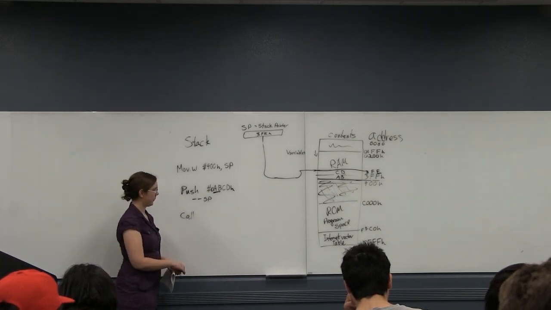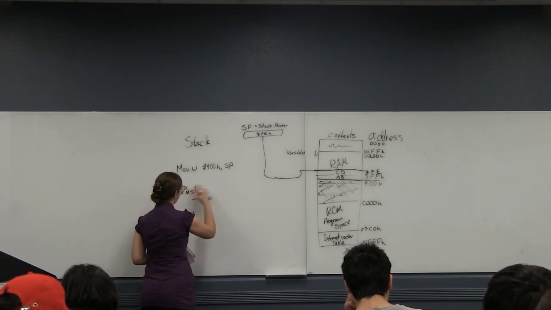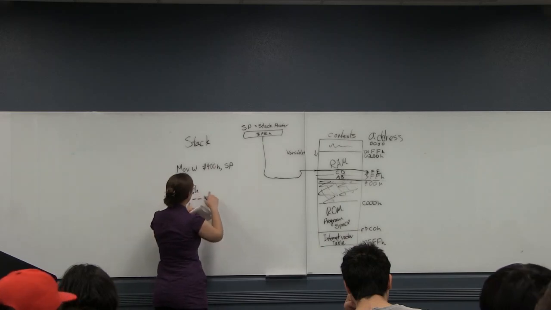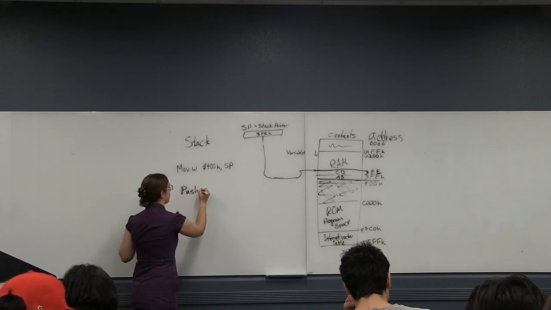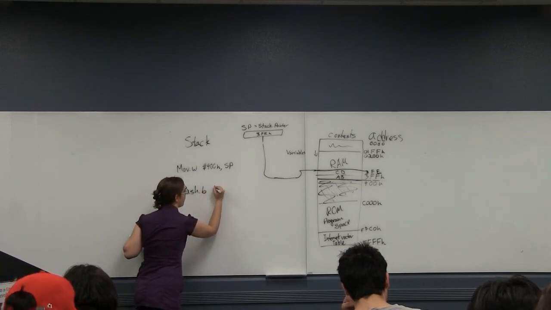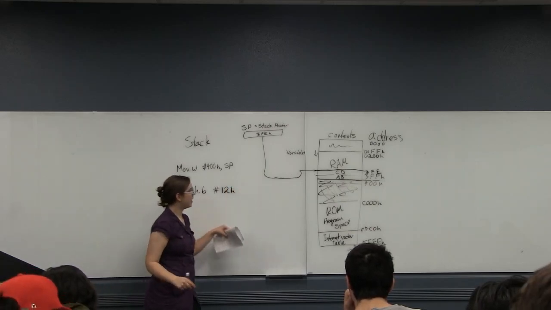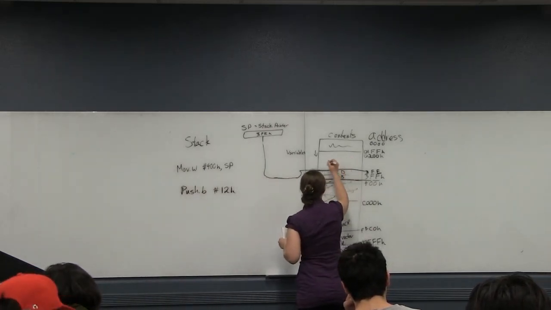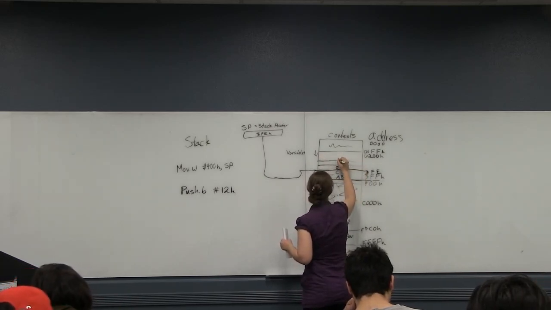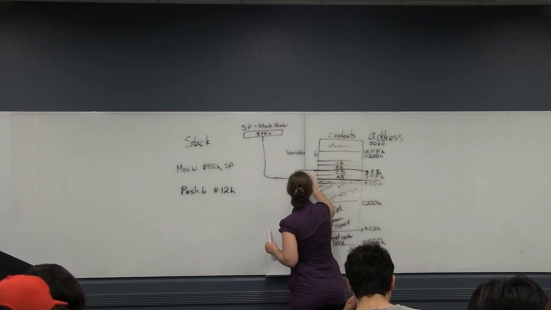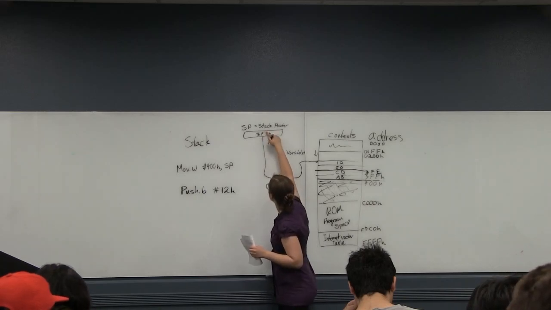So suppose after we push that, we push.B 12. This would still use 2 bytes, but this one would just be padded with zeros. And we would again decrement the stack pointer by 2.